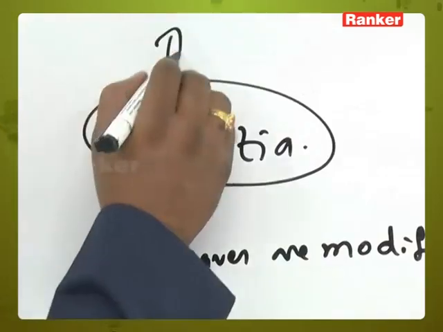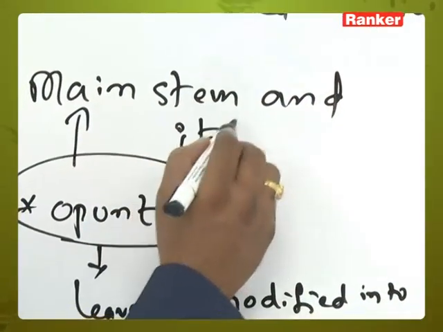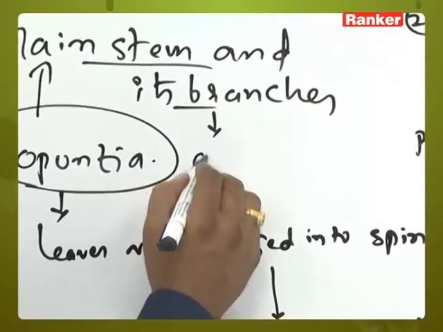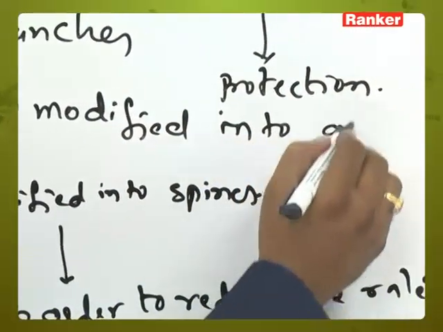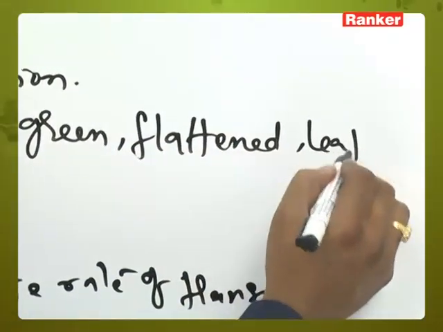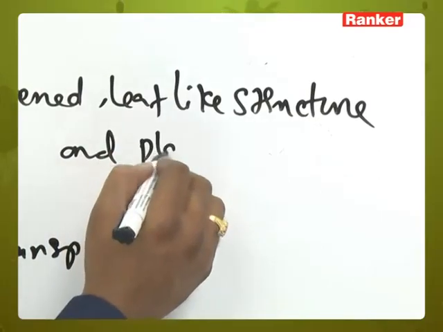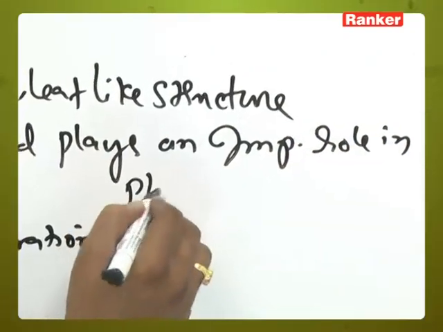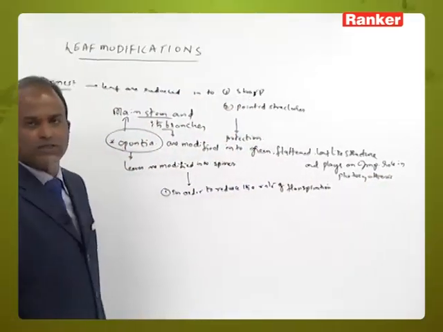That means the main stem and its branches are modified into a green flattened leaf-like structure, and play an important role in the photosynthesis function.